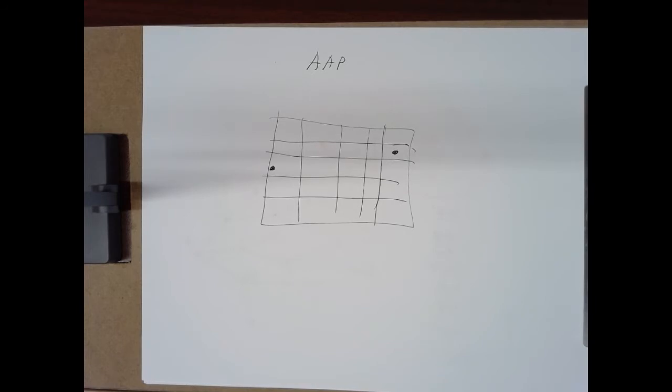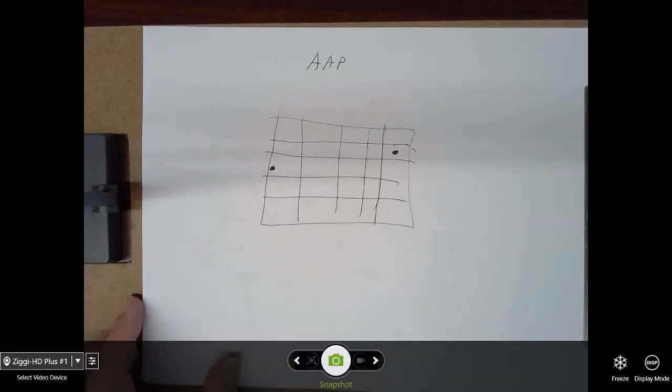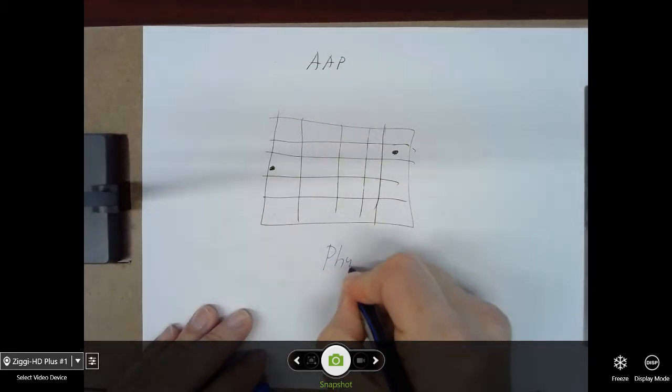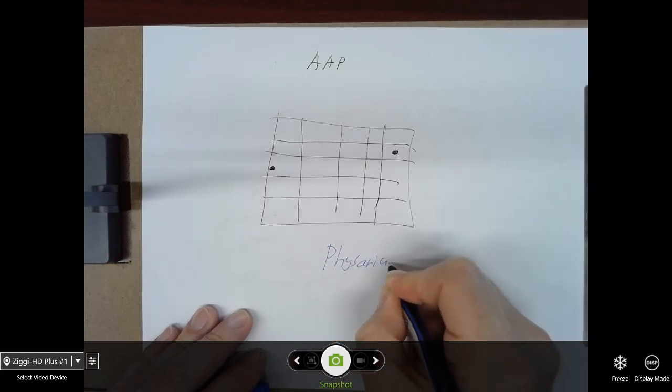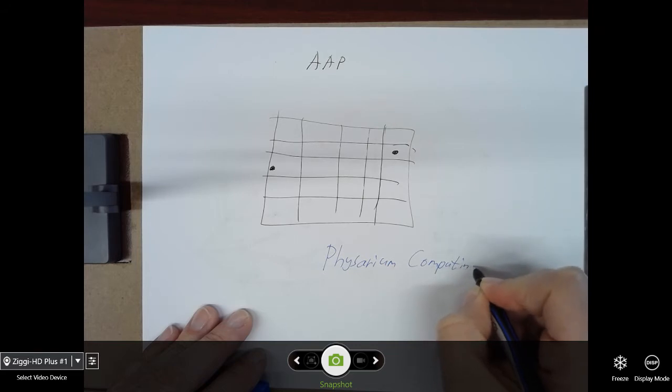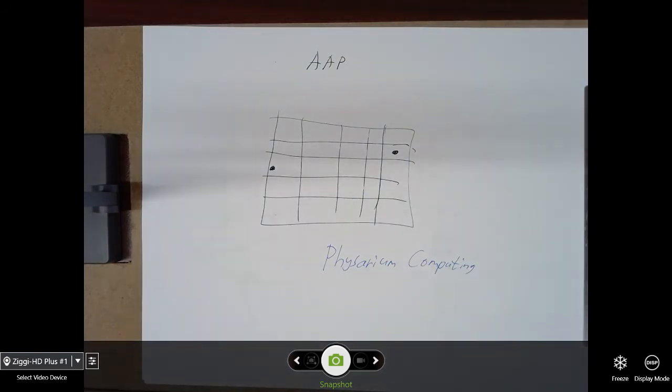We don't know how that works. But yeah, if you want more Wikipedia, look up Fusarium computing. That's slime mold computing. It's good stuff.